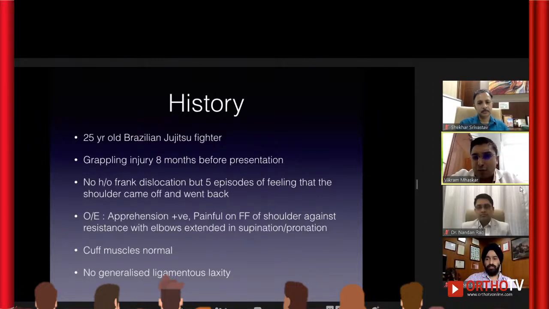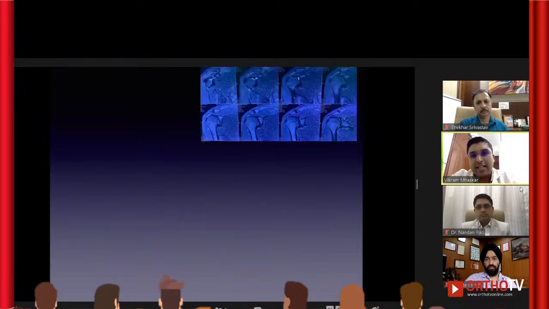He had painful forward flexion of the shoulder, whether done normally or against resistance, with the elbow extended and the arm in full external rotation, that is supination and pronation. So both of them were equally painful. The cuff muscles, using the bias of pain, seemed normal to me. That means the power was all right in all the cuff muscles, and this patient did not have any generalized ligamentous laxity.